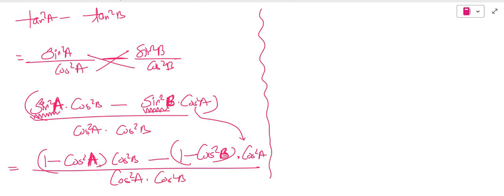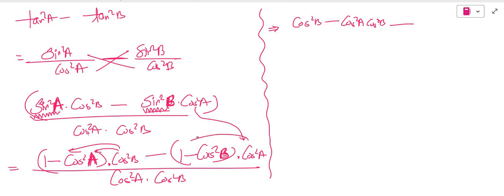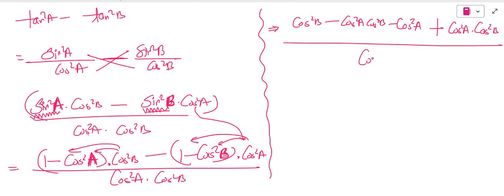ठीक है? Now what? Now we have to just multiply this into this, this into this. So it will be cos square B minus cos square A cos square B minus what? इसको multiply करेंगे इससे और इससे. So it is minus, let me write a little bit properly, minus cos square A plus cos square A cos square B by cos square A cos square B. So I think this minus and this plus will cancel.